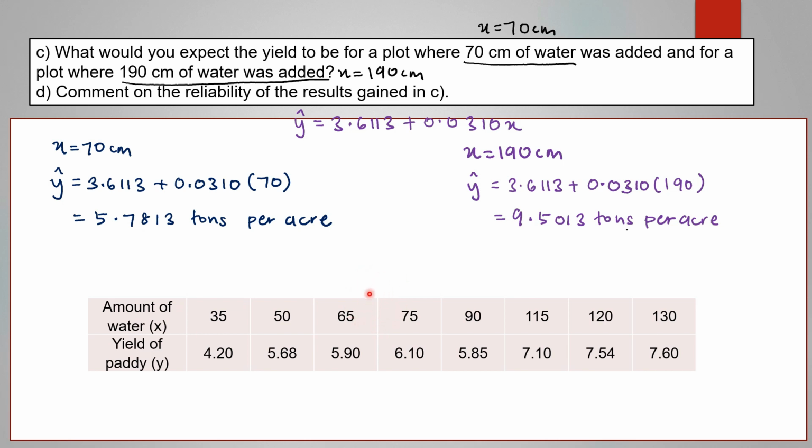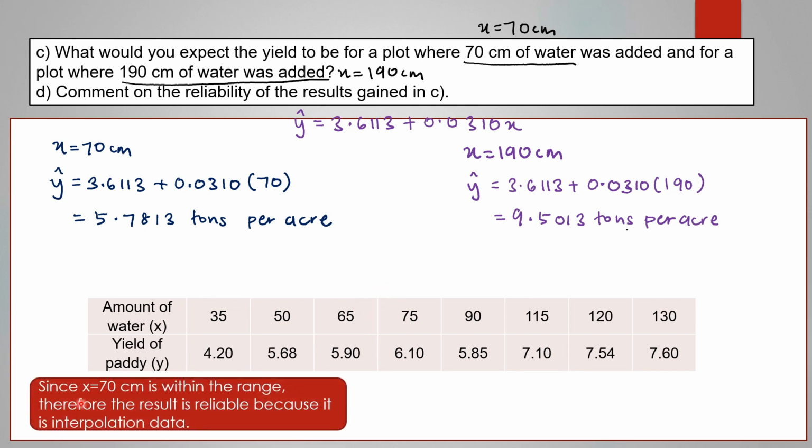Therefore, the comment for x equals 70 cm would be, since x equals 70 cm is within the range, the result is reliable because it is interpolation data.